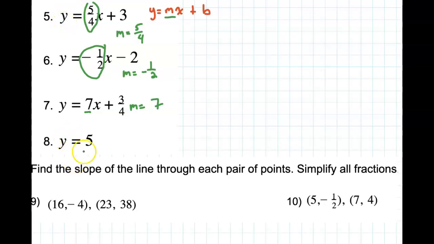This is the tricky one here. It's like there's no x. It's not too tricky, but we could always think about it as y equals 5 no matter what. So if you think about a graph, 1, 2, 3, 4, 5. So this is 5, right?